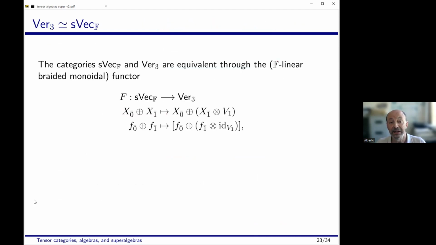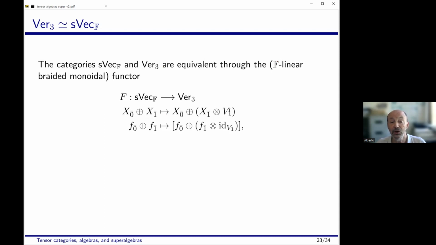And then the interesting thing is that the Verlinde category in characteristic 3 is equivalent to the category of vector superspaces, and the functor that gives this equivalence takes any super vector space to the direct sum of the even part and the odd part tensored with V1.